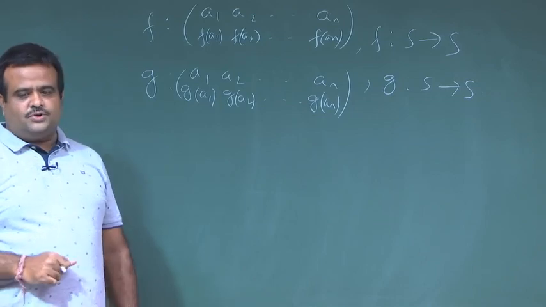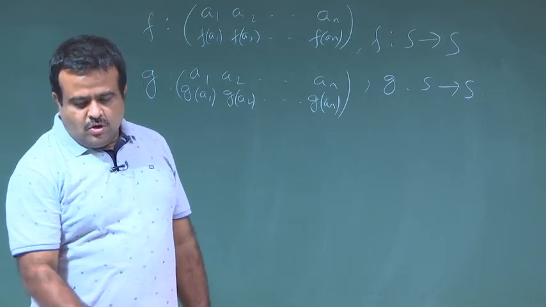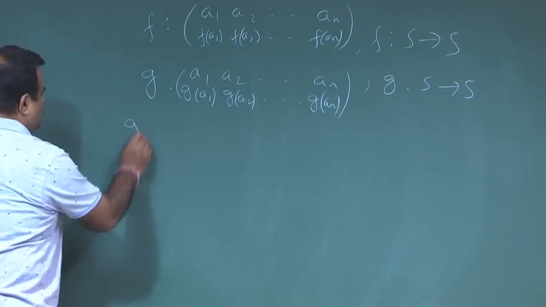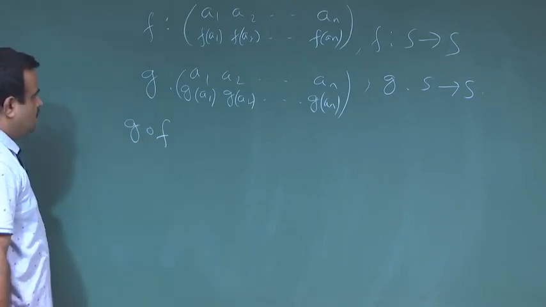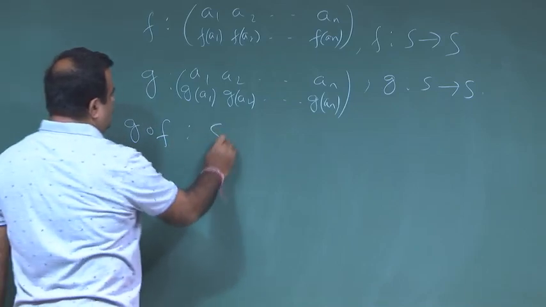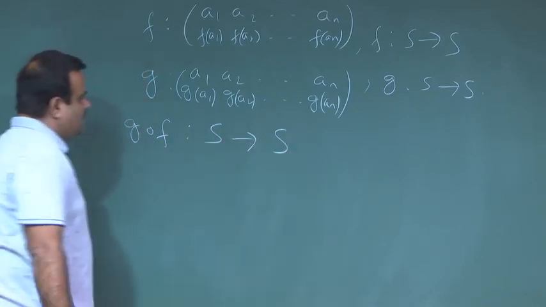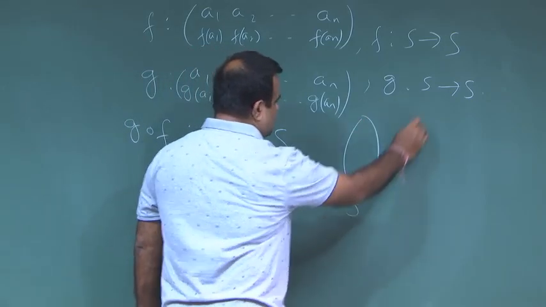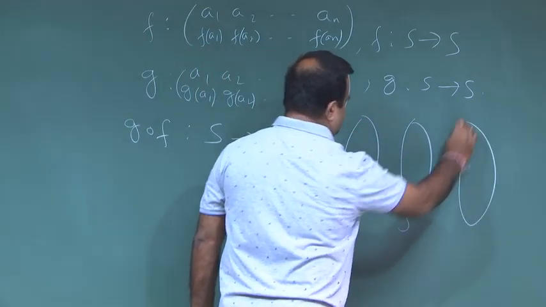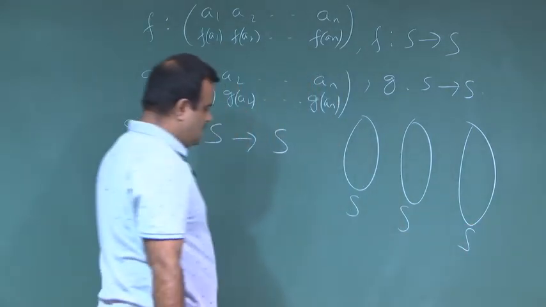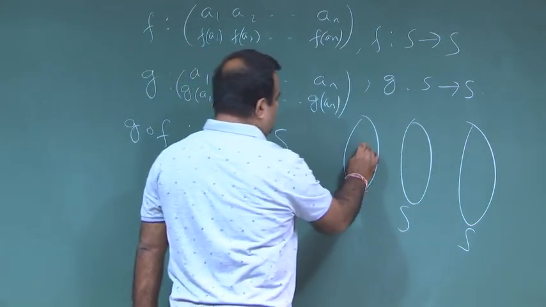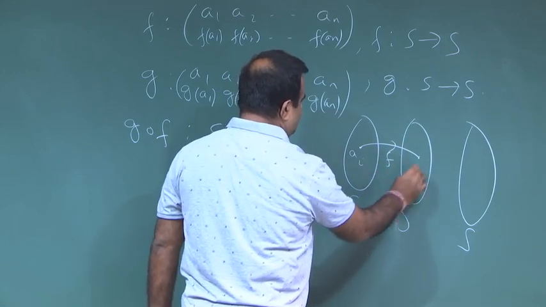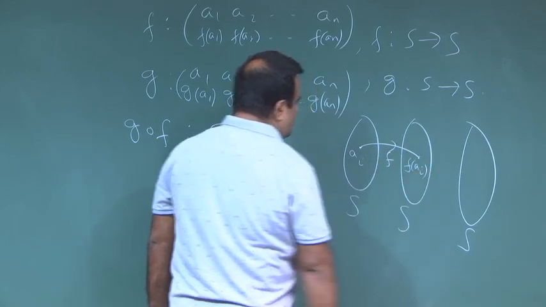Now, we want to know the composition of two permutations, that is, g compose f. We know composition is a function from S to S. This is our set S. Now, f is a function from here to here, so this is f of a_i.